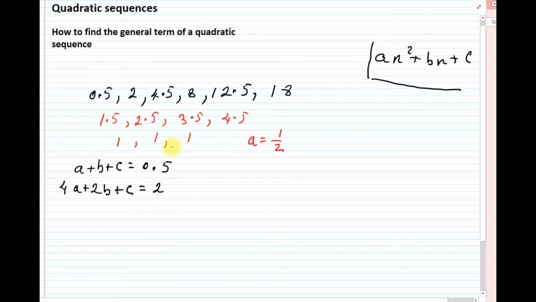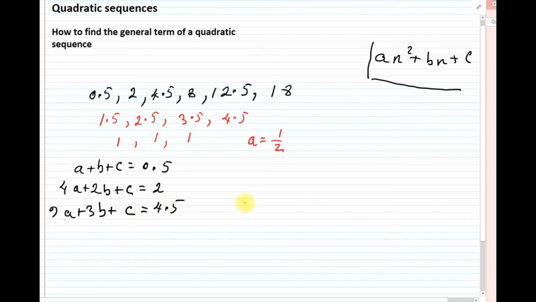And for n equals 3, I get 9A plus 3B plus C is equal to 4.5. So these are my equations 1, 2, and 3.